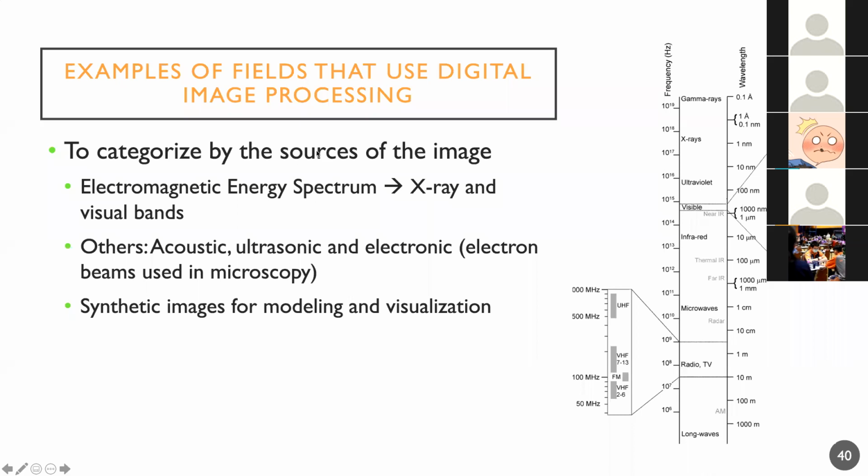When we talk about the source of the image, one source is the electromagnetic source, which creates EM or electromagnetic waves that have different frequencies. They have their own energies as well. Whenever I talk about a spectrum, it's a set of frequencies.